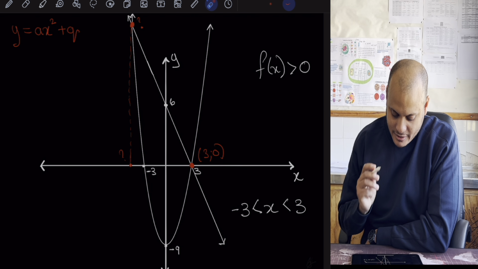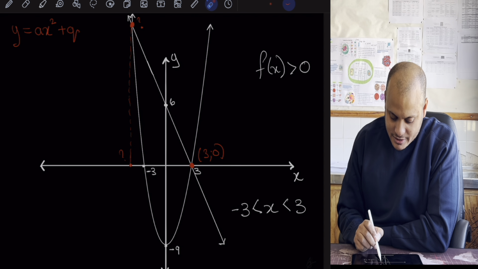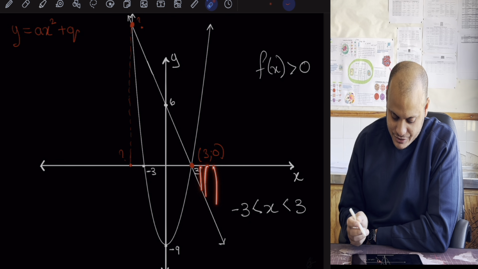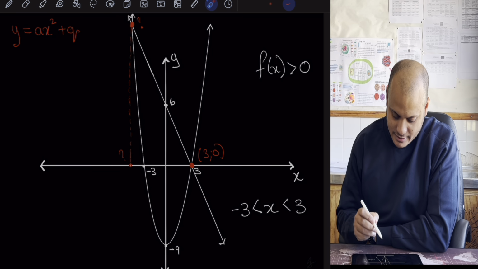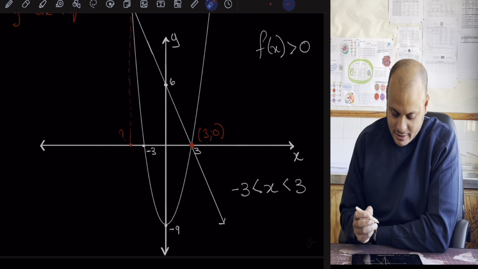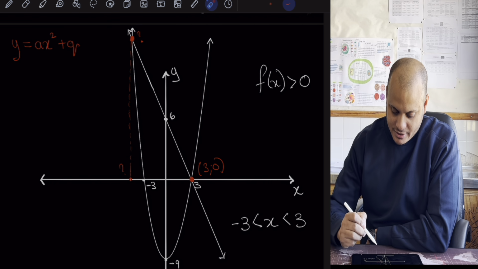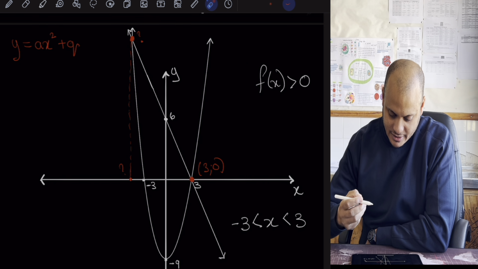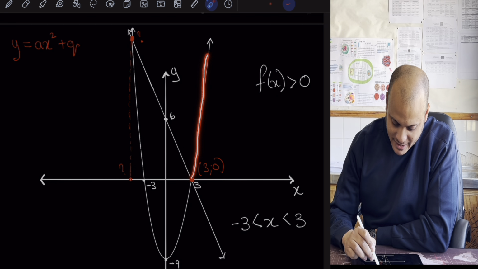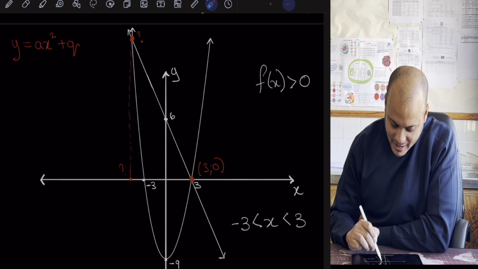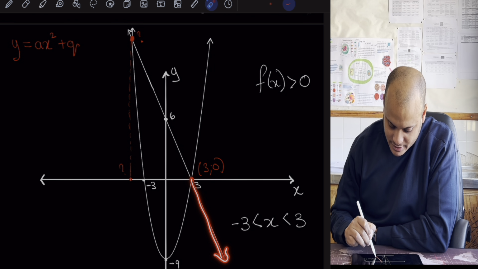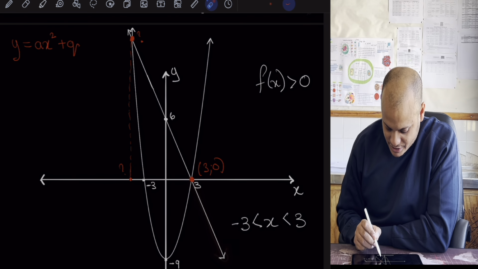So my y values for my parabola cannot still be less than my straight line, because the graph doesn't show that. In terms of my y values, that is very obvious and clear. And also from a diagram point of view, my parabola is above the straight line now. The straight line is no longer above the parabola, it is actually below.